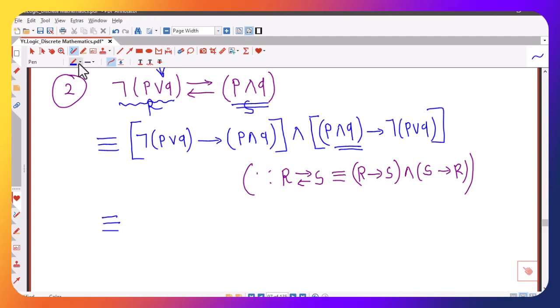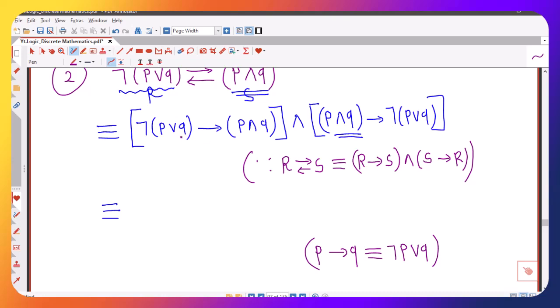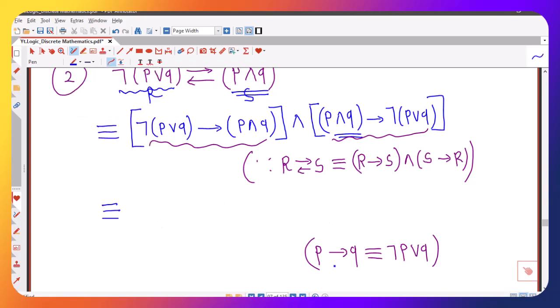So now we can use this logical equivalence. We know that P implies Q is logically equivalent to negation P or Q. So we will use that for both of these conditional implications. P implies Q means negation of the first statement or the second statement.